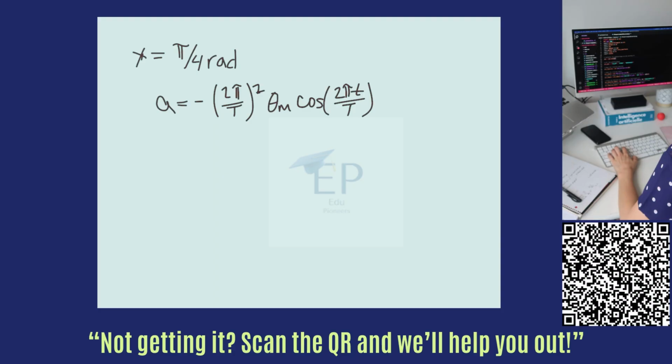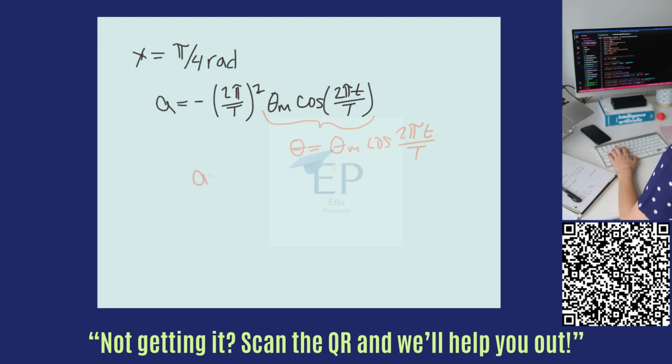However, this term right here is our displacement equals our amplitude times the cosine of 2 pi t over T. So we can actually just substitute this amplitude into this equation.